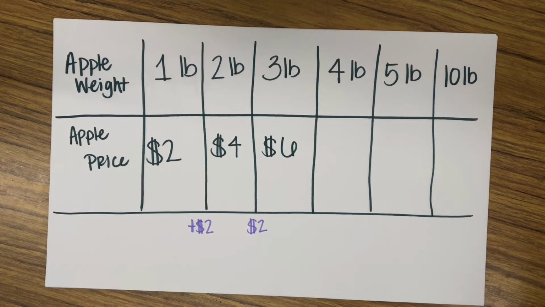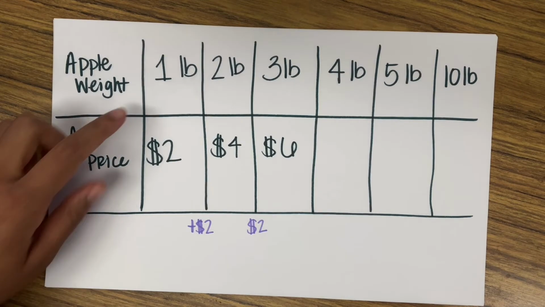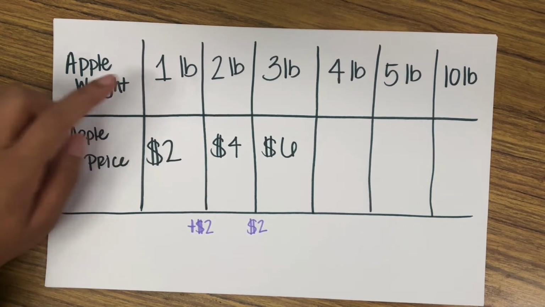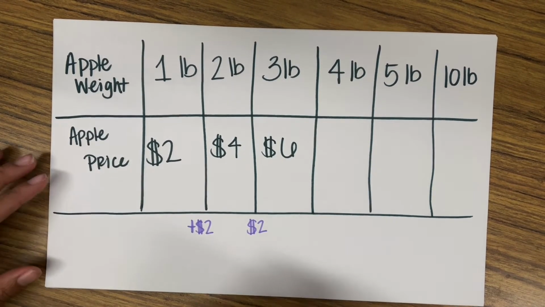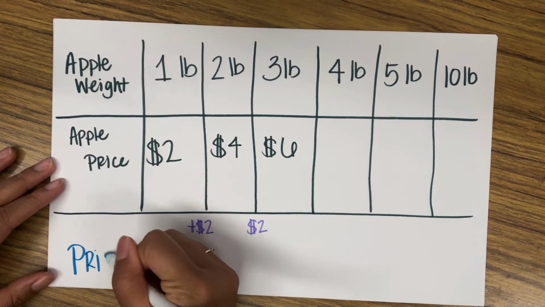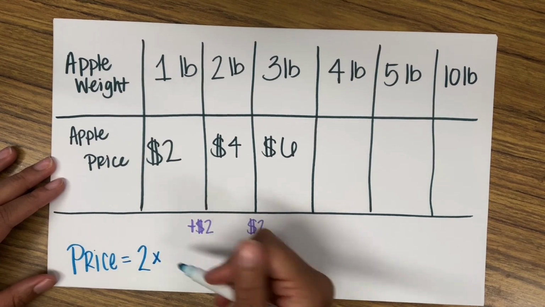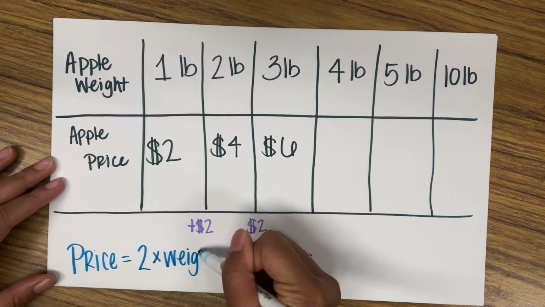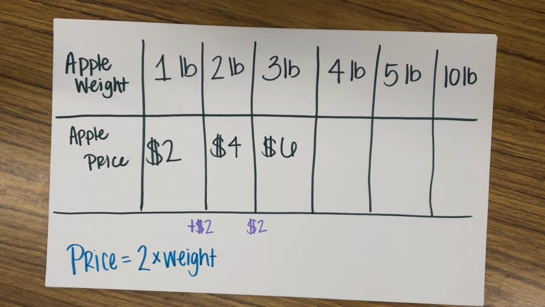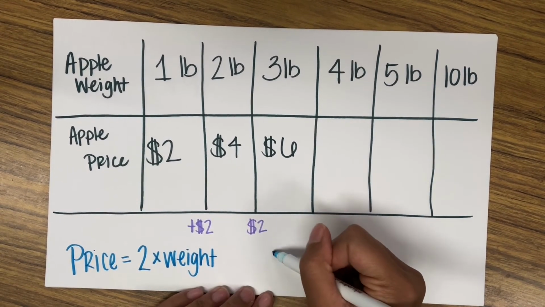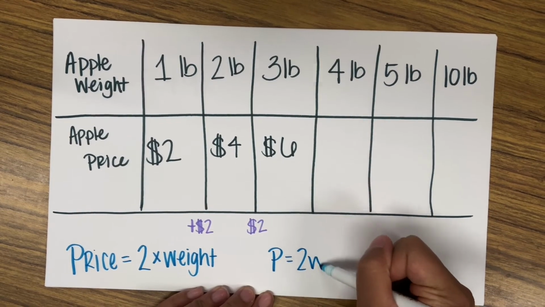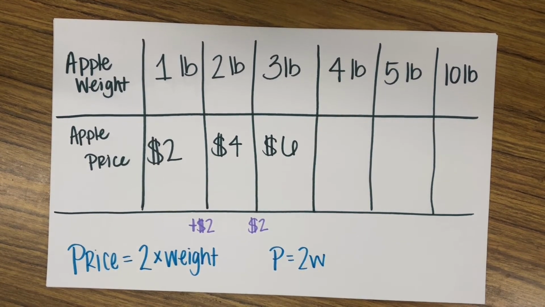However, another pattern that I can see is that if I look at the apple weight and compare it to the apple price, the price of the apples is equal to 2 times the weight. So if I use the equation P equals 2W, I will be able to fill in the remaining boxes.